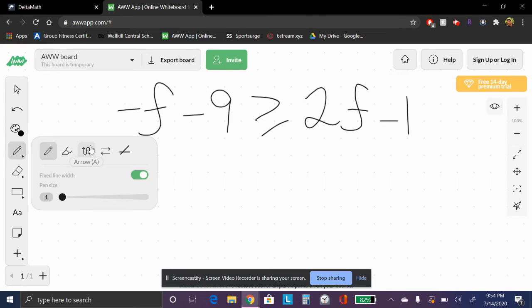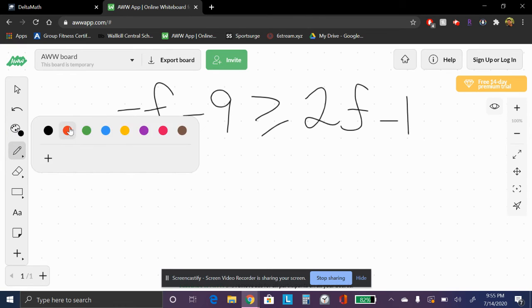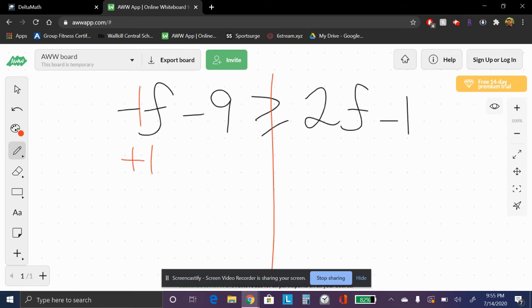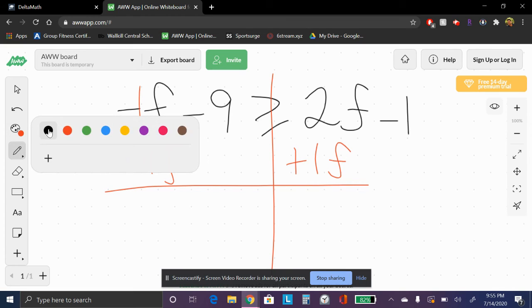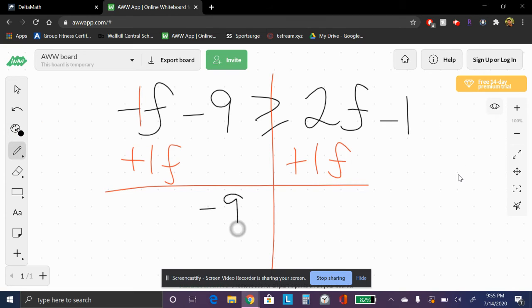I'm going to draw my line down the equal sign. I would bring this negative 1f over here, so what I would do is add 1f to both sides. So then you have negative 9 is greater than or equal to 3f minus 1.